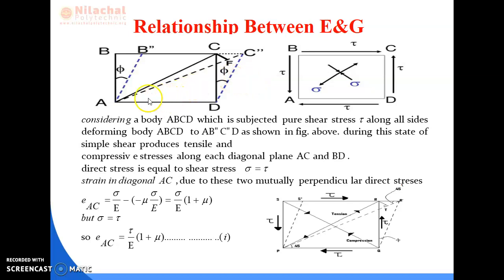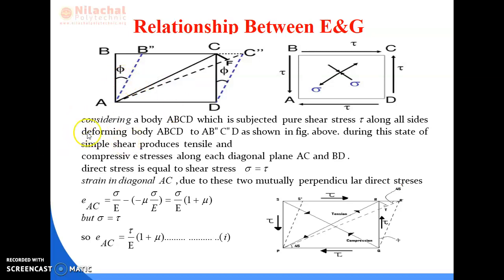In this way the body is distorted from ABCD to AB double dash C double dash D. During the distortion of the body from ABCD to AB double dash C double dash D, an angular deformation takes place at the transverse sides AB to AB double dash and DC to DC double dash, with angular deformation phi. This angular deformation is known as the shear strain.